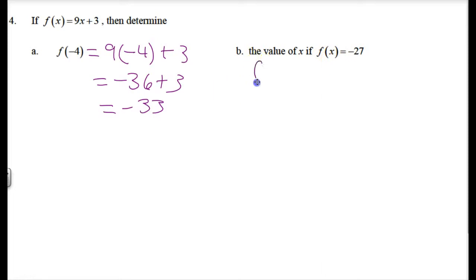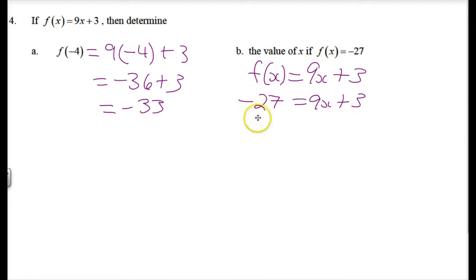Now here I can't see the function anymore. It's not handy right above, so I'm going to rewrite it. If f of x is negative 27, that's 9x plus 3. We will subtract 3 from both sides. Negative 30 is 9x.